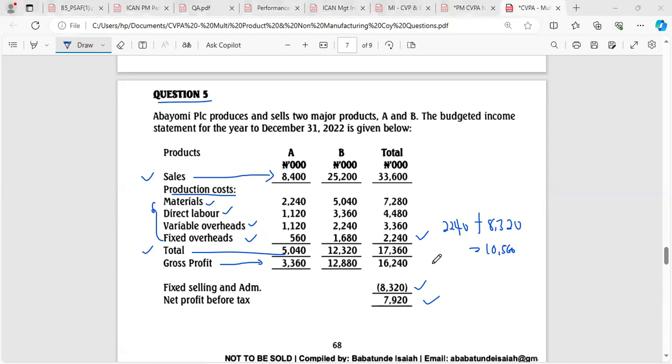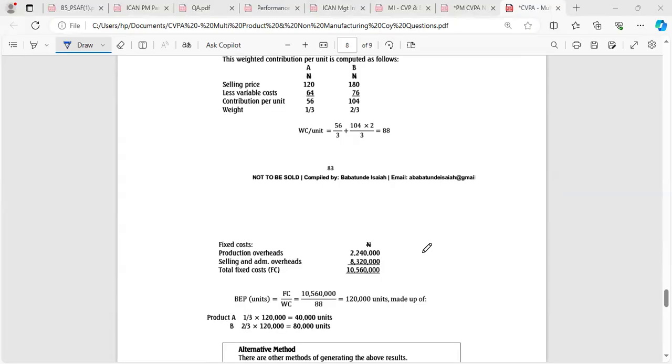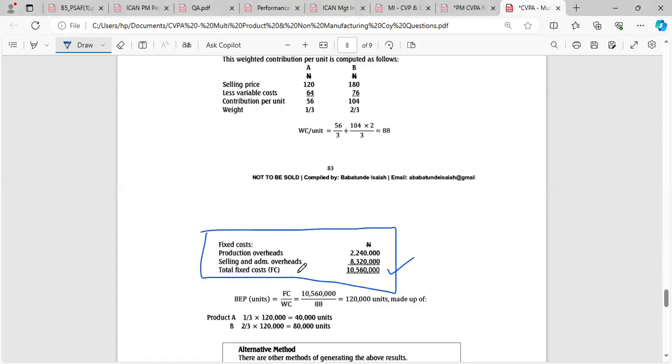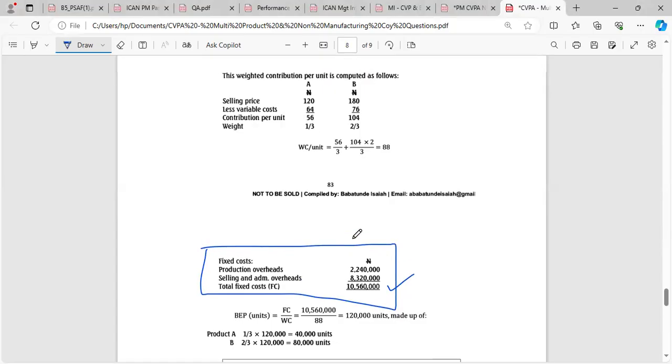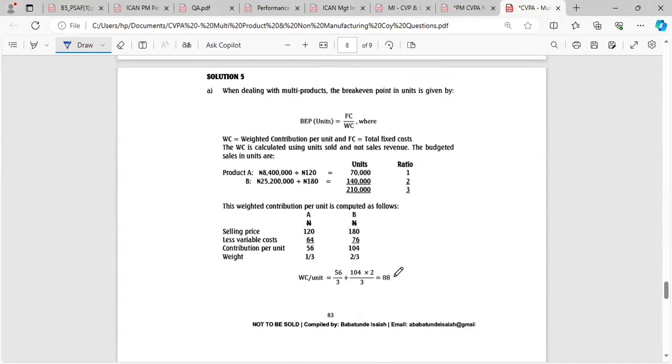10,560, yeah. So let's see if that's what they got in their own solution. Where are you? Fixed cost. Good, 10,560. This is the working that they did for it. Thank you. So what's the next thing that we need to compute? I'm not looking at their solution now, but their solution is good, okay?